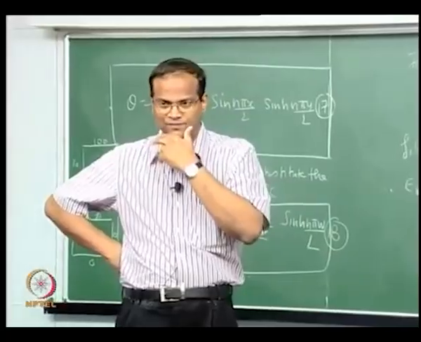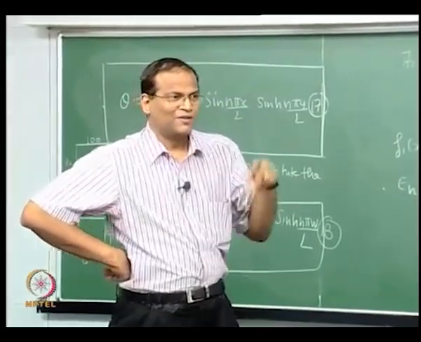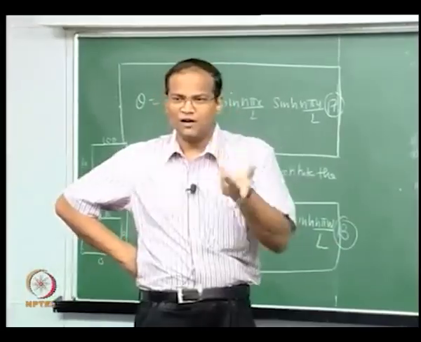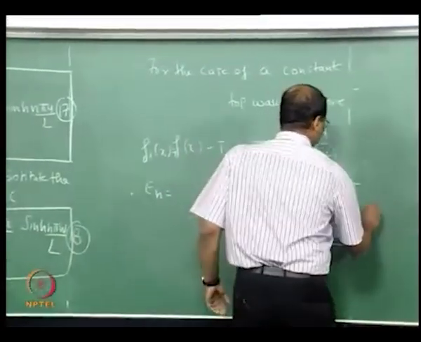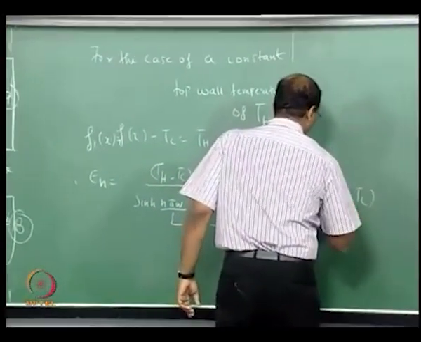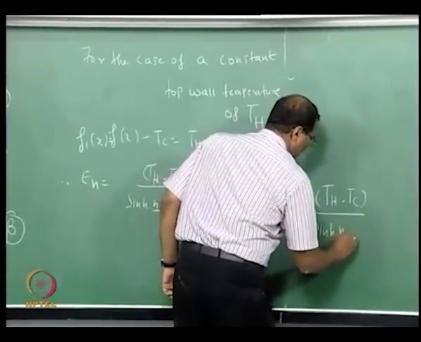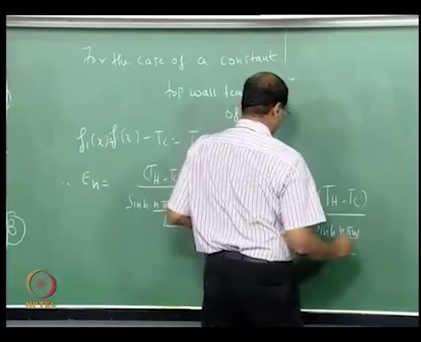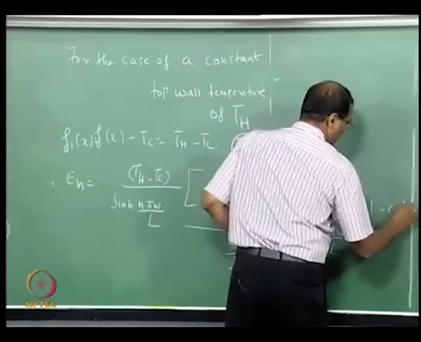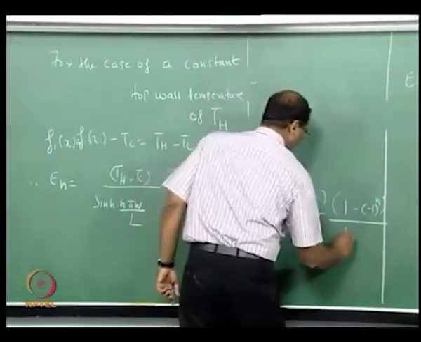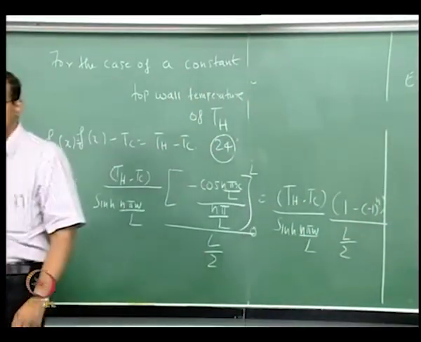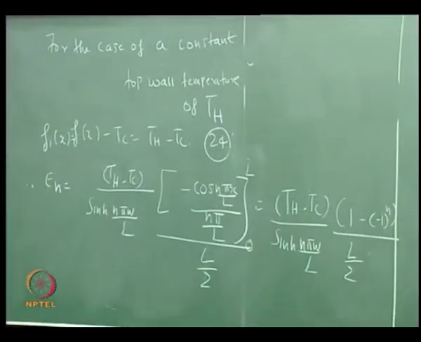180, 360, 720 it will alternate. Therefore, we can call this as, you know, so it will be something like this.